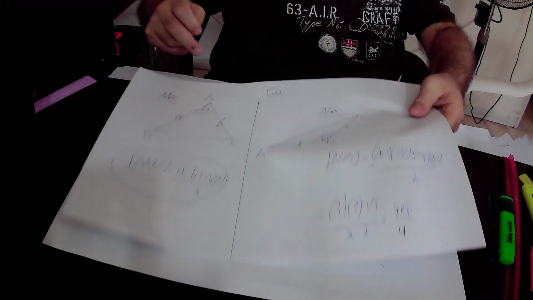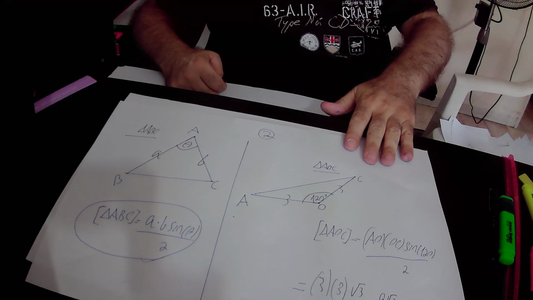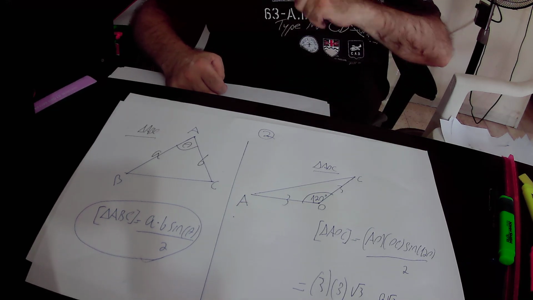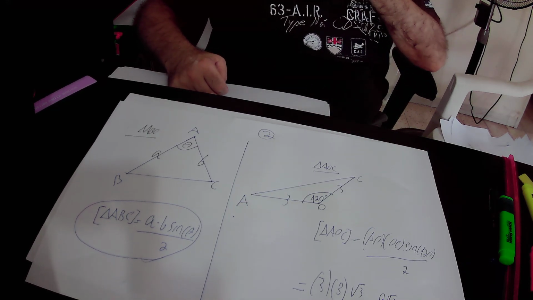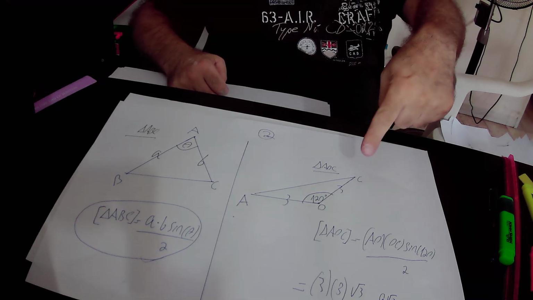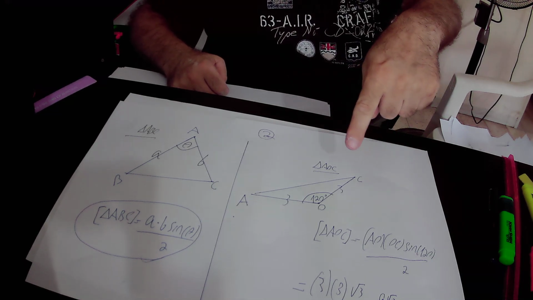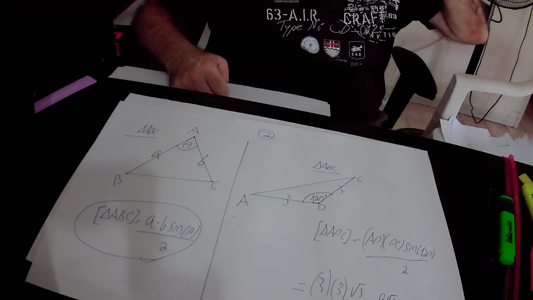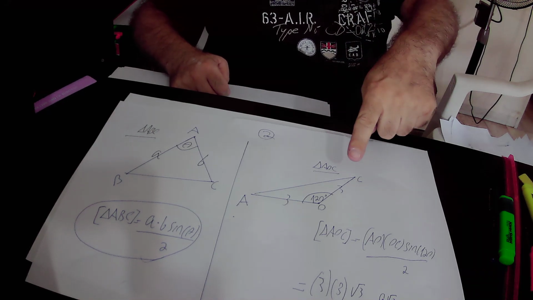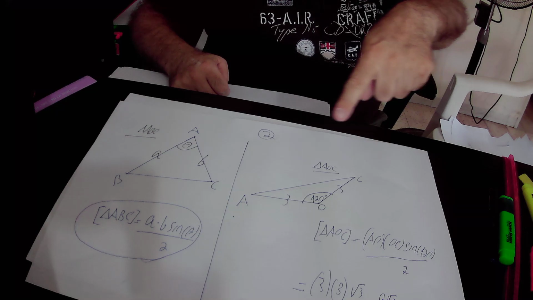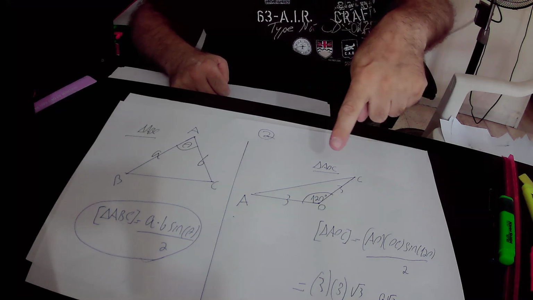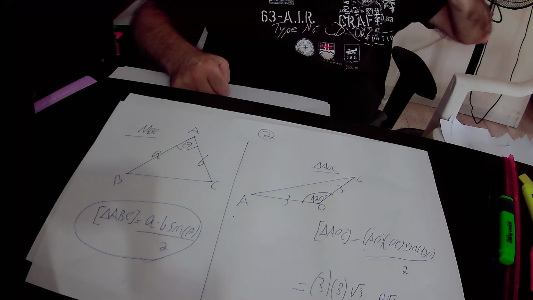So I copy triangle AOC here and use this formula in order to find out its area. AO equals 3, OC equals 3, and the angle between AO and OC is 120 degrees. So according to the formula, the area of this triangle AOC equals AO times OC times sine 120 degrees over 2.